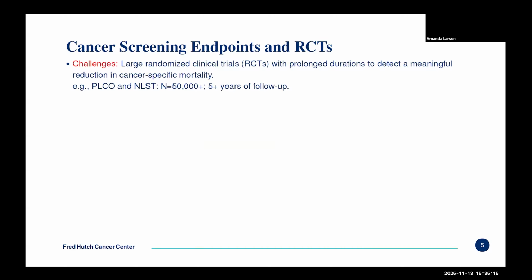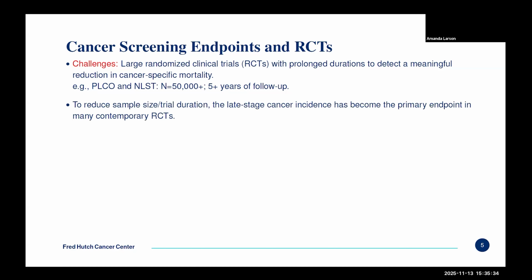As I said, cancer screening trials are usually different from therapeutic trials. They are usually very large and very long. Some large trials, like the National Lung Screening Trial, have more than 50,000 participants with more than 5 years of follow-up. To really see the impact, the mortality endpoint is still viewed as the gold standard endpoint.